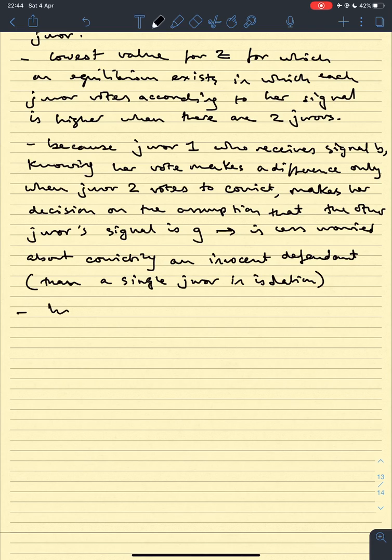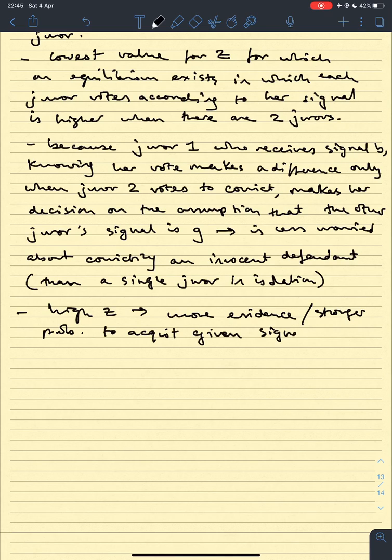So basically a high Z means that more evidence or stronger probability to acquit given the signal is B.